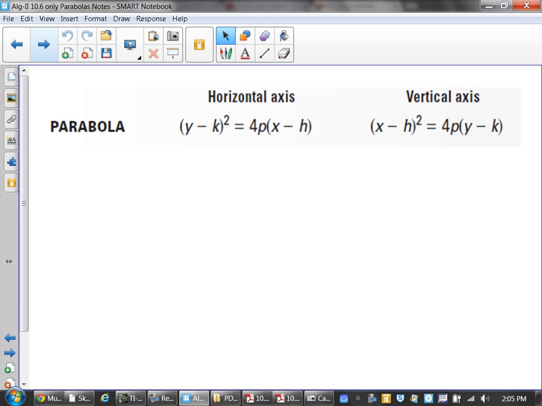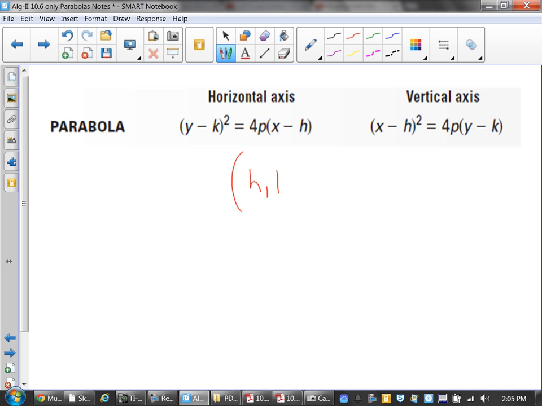H and K is always going to represent your vertex. Always, always, always. Now, what a lot of people tend to forget on these things is that you're just pulling out the values here. Think about when you guys worked with point slope form. When you guys worked with point slope form, it was y minus y sub 1 equals m times x minus x sub 1.